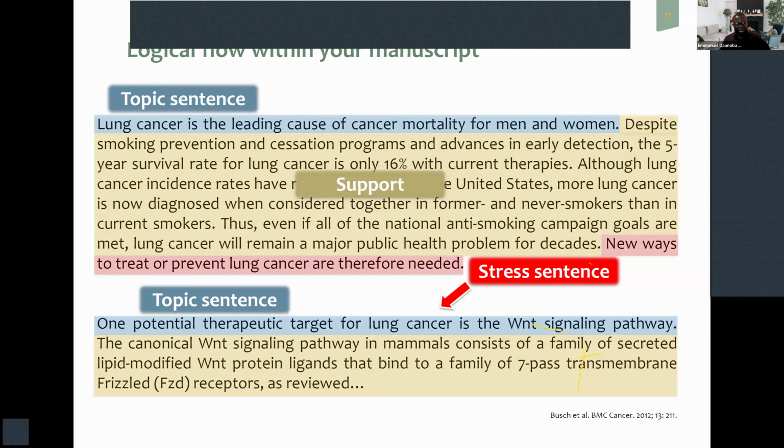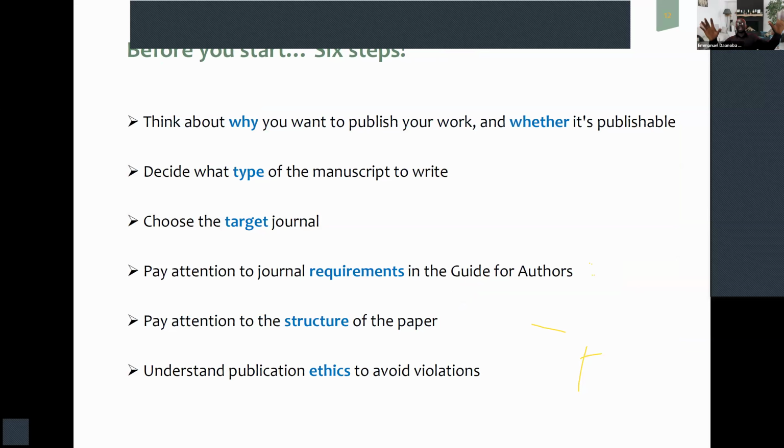The canonical WNT signaling pathway in mammals consists of a family of secreted lipid-modified WNT protein ligands that bind to a family of seven-pass transmembrane Frizzled receptors, as reviewed. So you have a topic sentence and then you stress it also at the end. So that is how it is done.